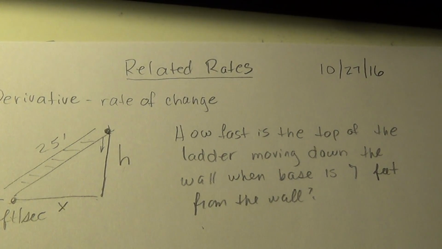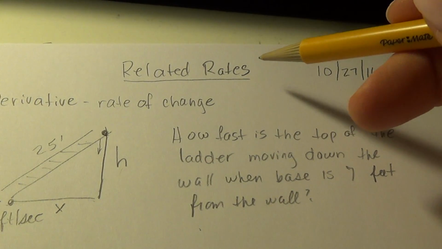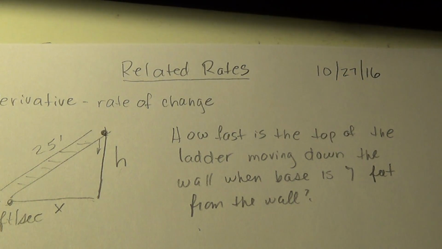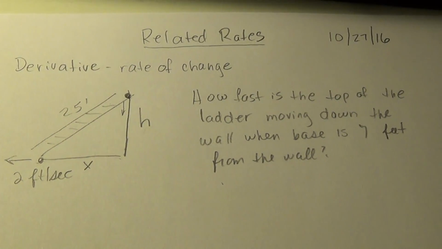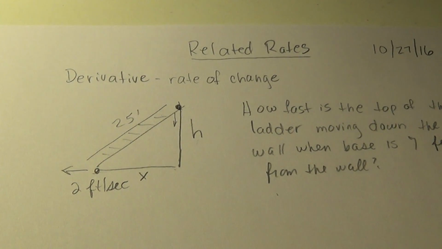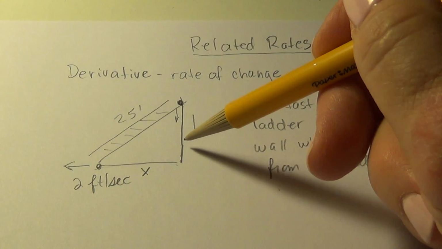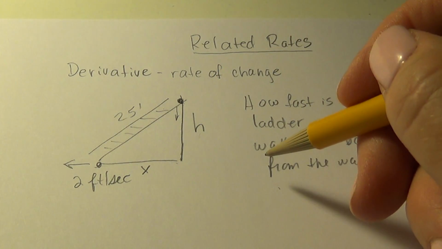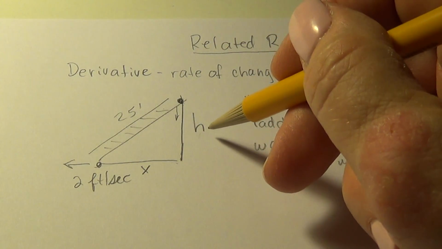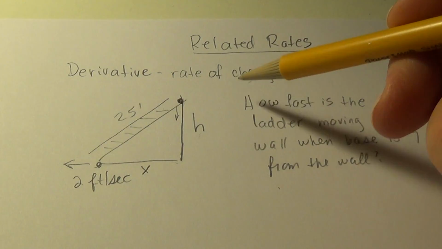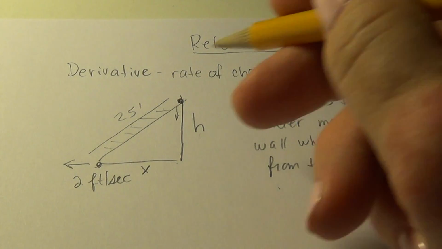When we're doing a related rates problem, the question is always looking for a derivative. So let me give you some derivative symbols that relate to this problem. The rate with which h is dropping can be represented with a derivative. Anything that is changing can be represented with a derivative.